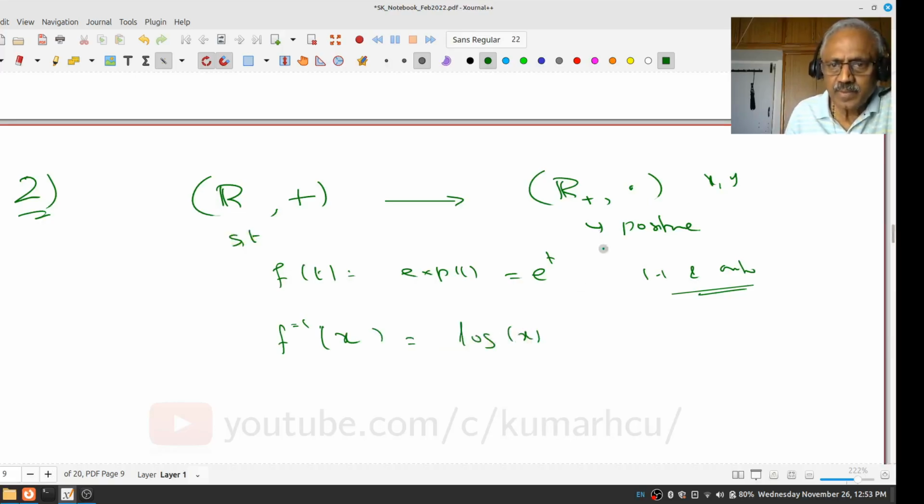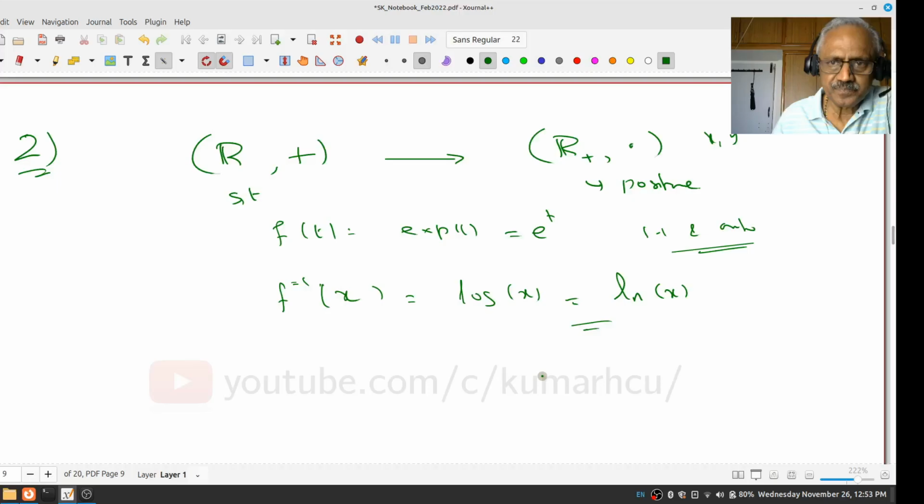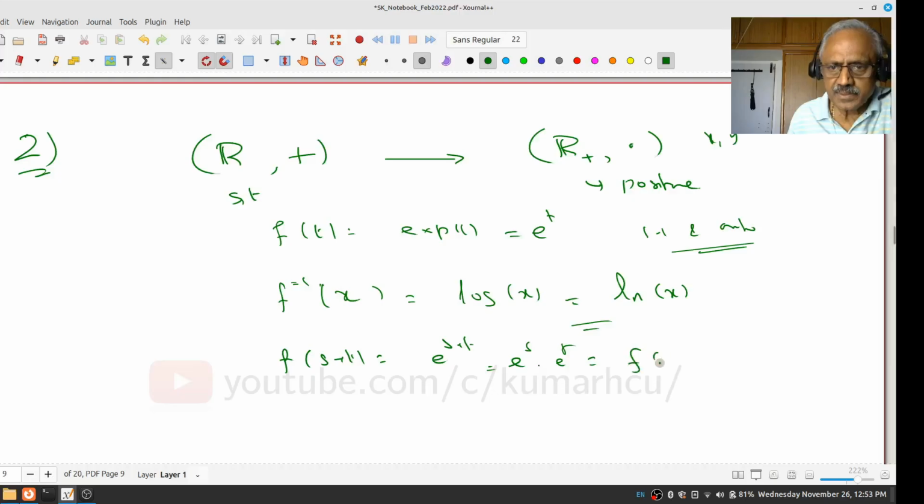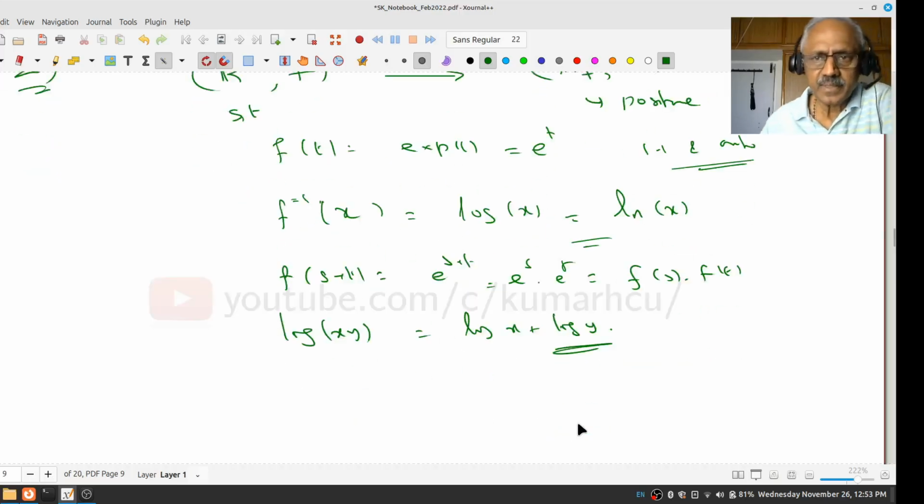Remember, this is the natural logarithm, what Americans write as ln of x. That's a bijection, and we know that f is a group homomorphism: f(s plus t) is e power s plus t, that is e power s into e power t, that is f(s) into f(t). Whereas for the inverse, log of xy is log x plus log y. Therefore these are isomorphic.